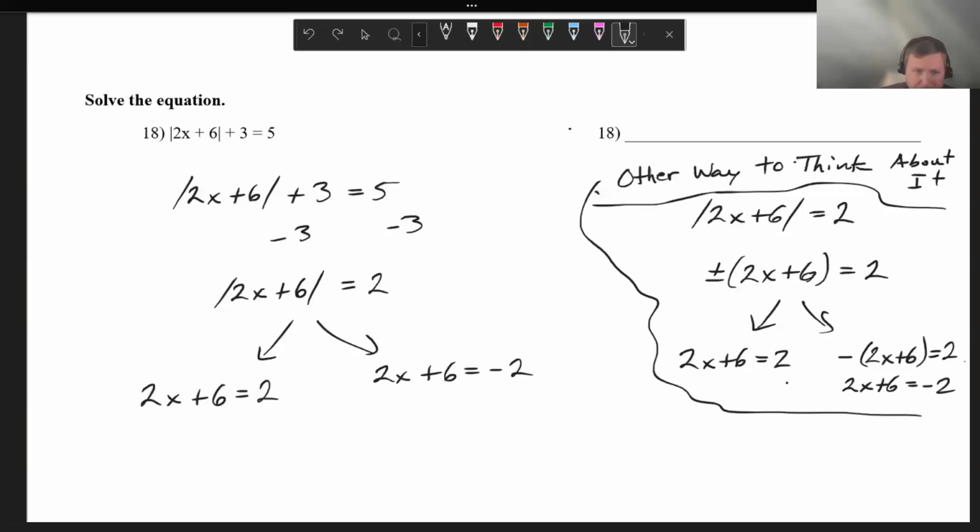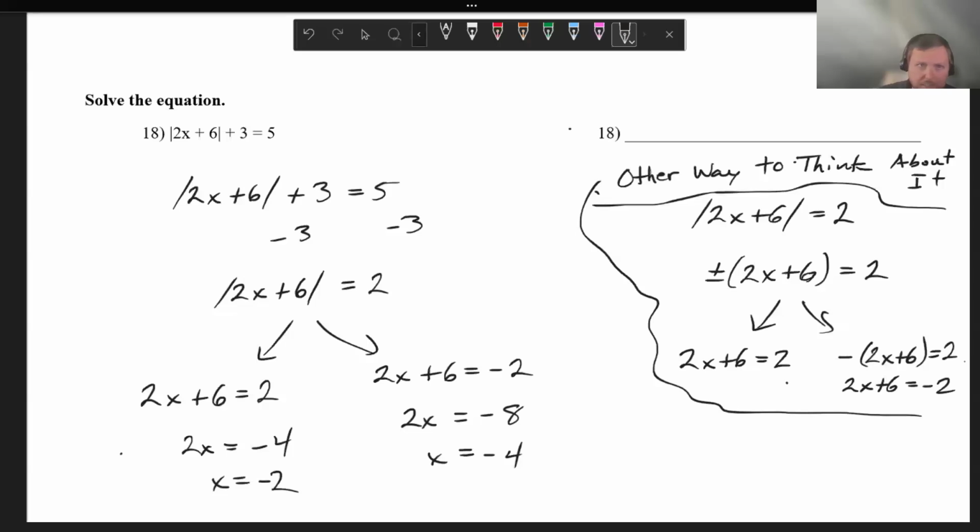All right, let's get on with it. So I have these simple equations. So subtract 6 from both sides, and I get 2x equals -4. So x is equal to -2. And subtract 6 from both sides over here, and I have 2x is equal to -8. So x is equal to -4.